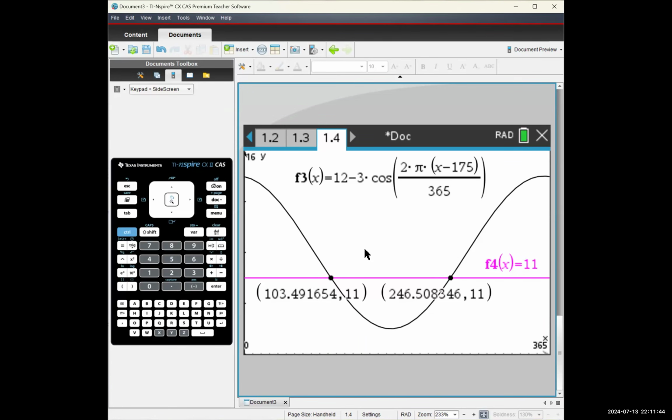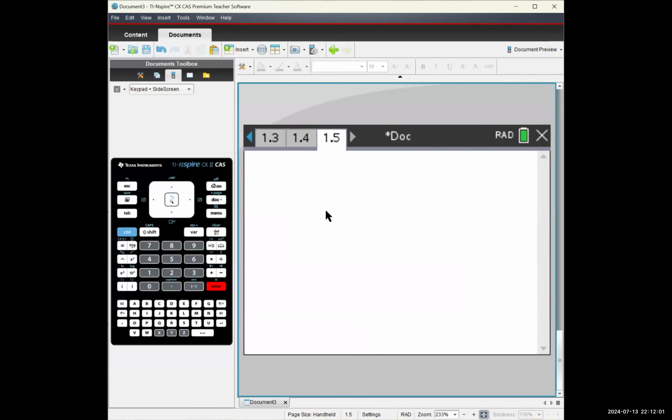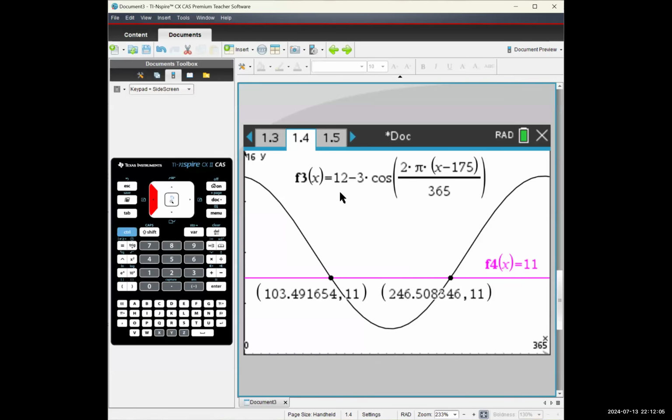So we need to use 1 to 103, and eventually 247 to 365 to count the total number of days. This is one possible method. 103, right?